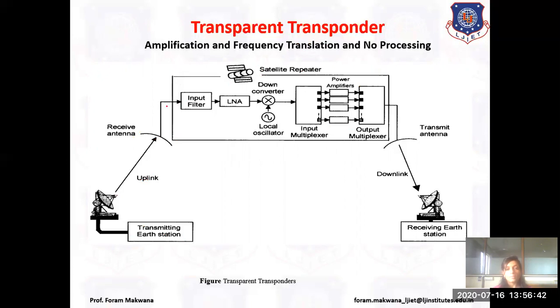The satellite repeater contains an input filter, low noise amplifier, then down converter, the input multiplexer, power amplifier, and output multiplexer, and that signal is transmitted with the help of the transmitting antenna. So the satellite repeater contains a receiving antenna and a transmitting antenna. This is called a transparent transponder.